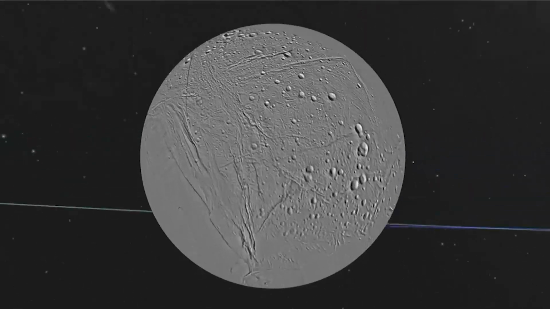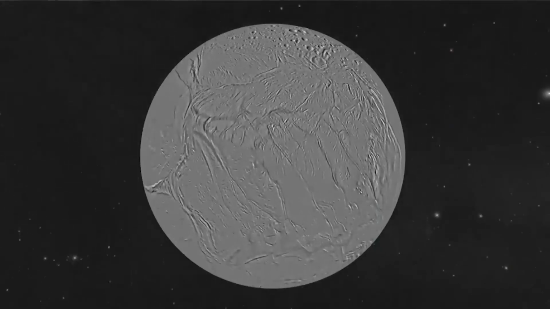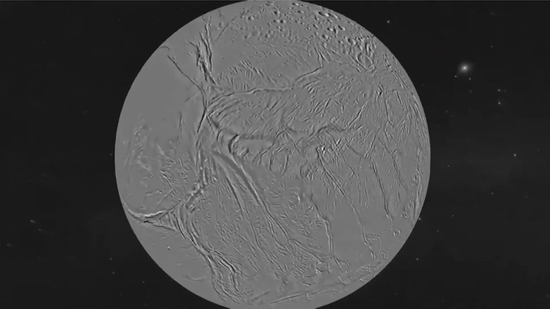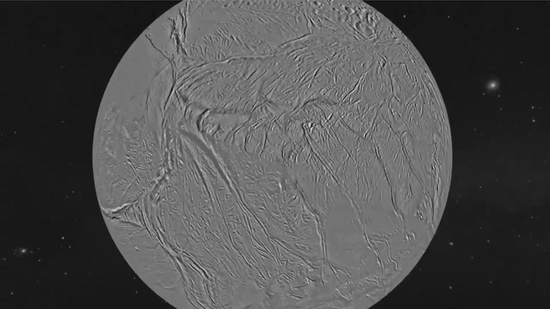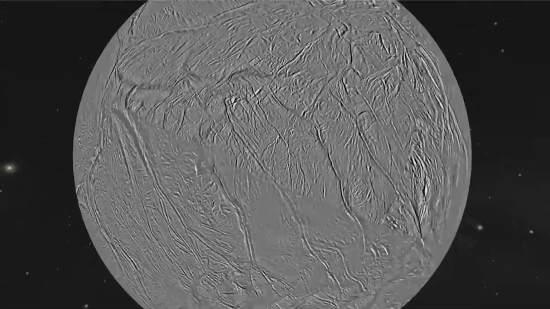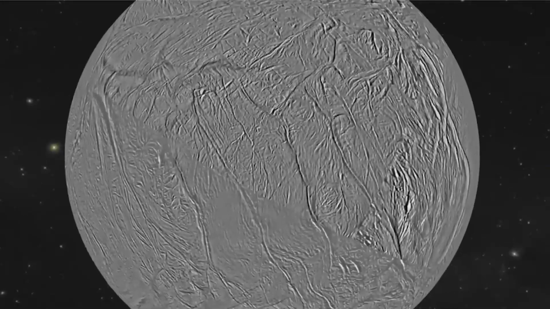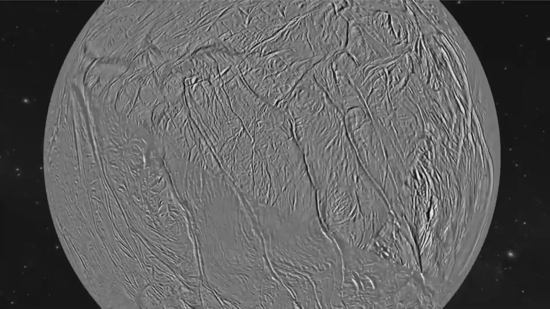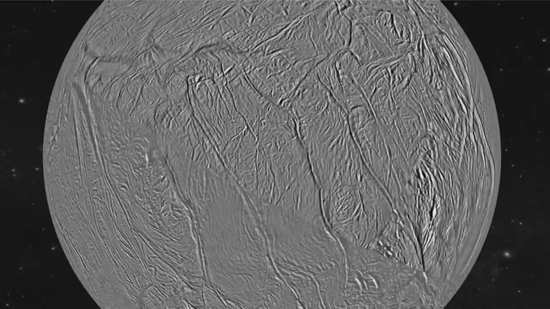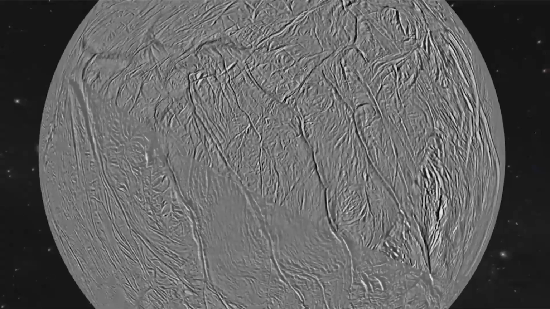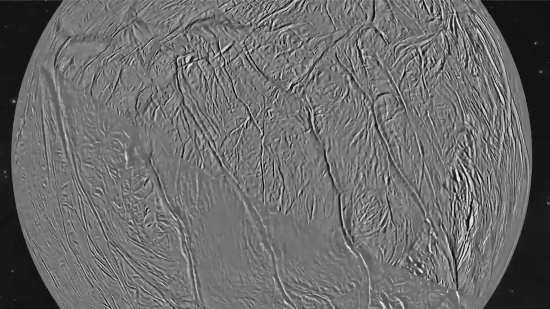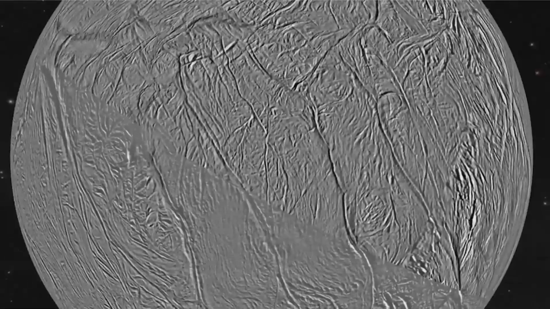But what scientists discovered on Enceladus are these cracks that they call tiger stripes. So you can imagine a gigantic, fantastic tiger beast clawing the moon, causing these stripes. And what we think is happening with Europa is also happening with Enceladus.